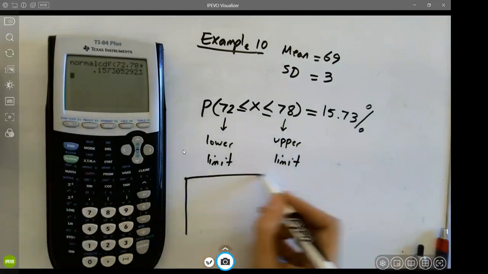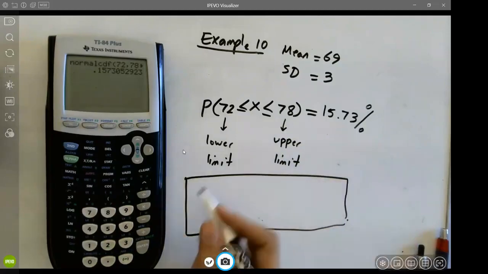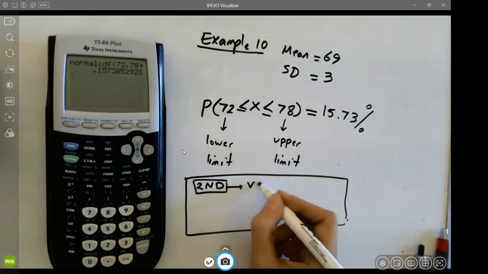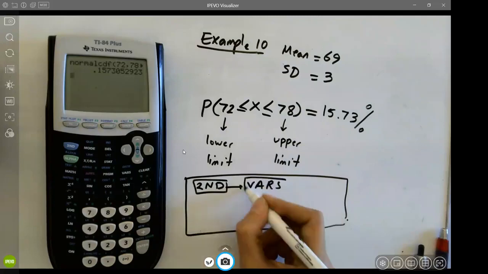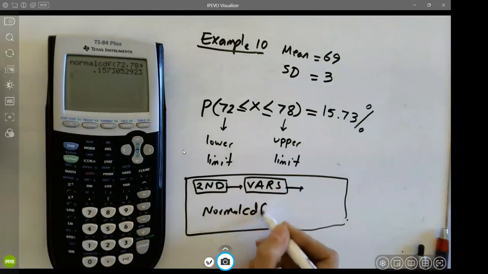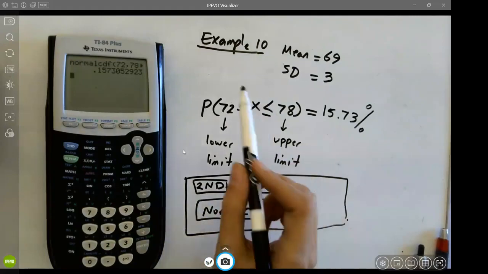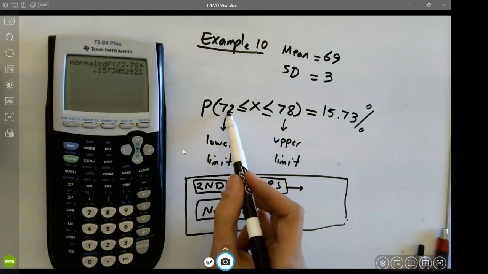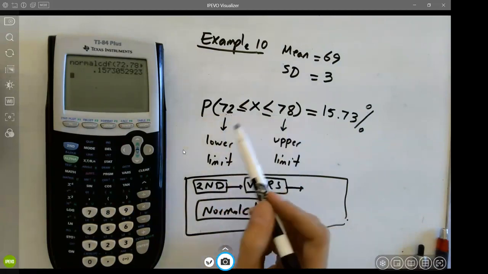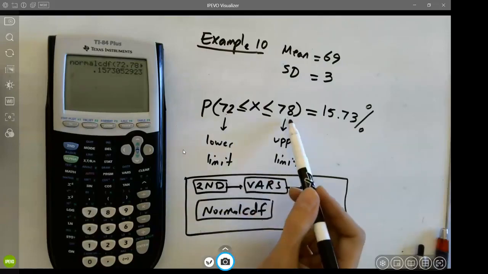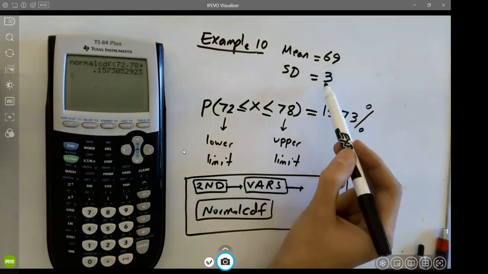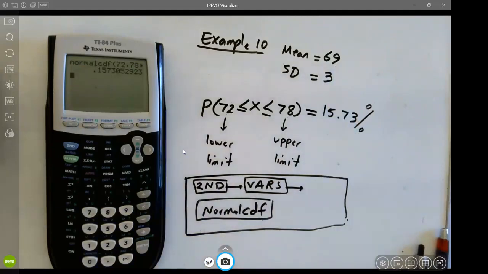So to use your calculator, you go to second, VARS, and you find normal CDF. Based on the question, if the lower limit and upper limit are given to you, you just enter lower limit 72, upper limit 78, the mean is 69, and standard deviation equals to 3.